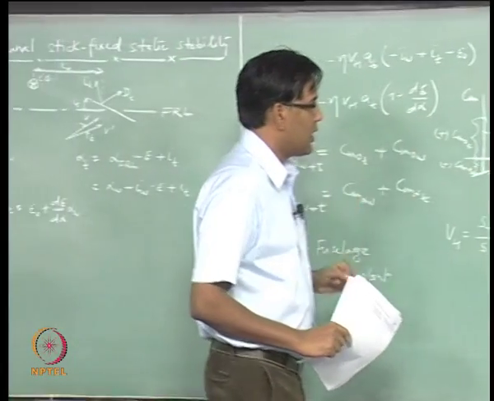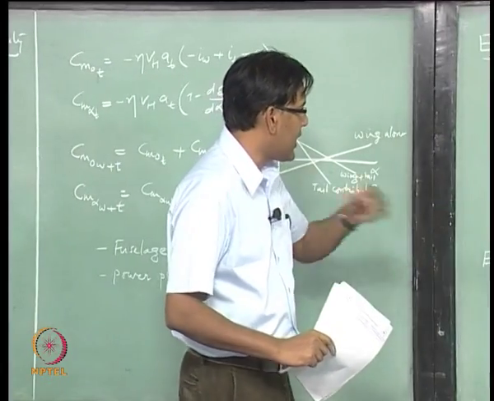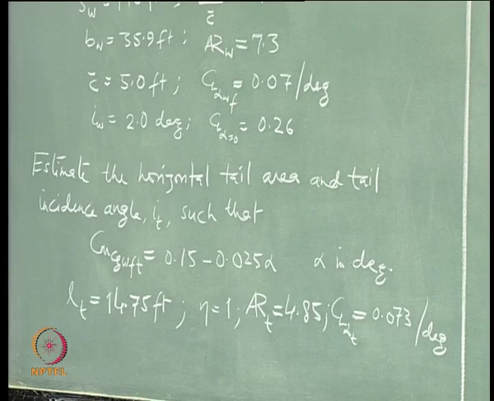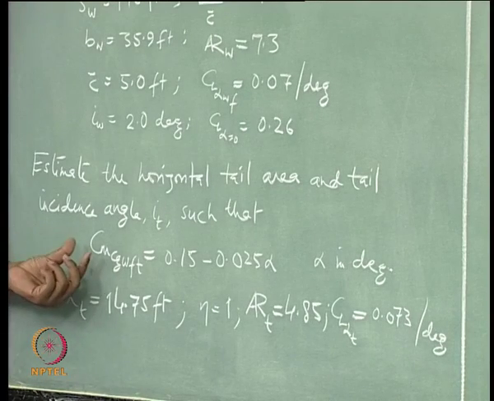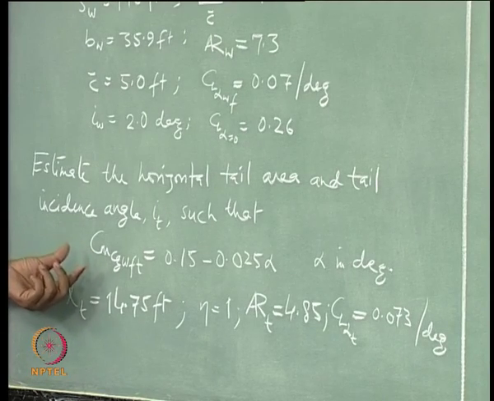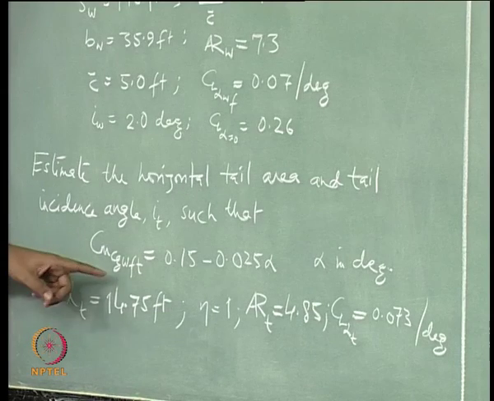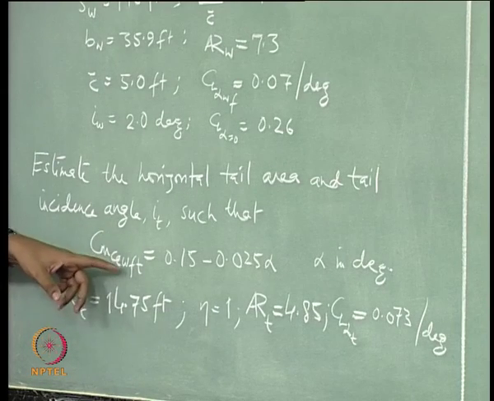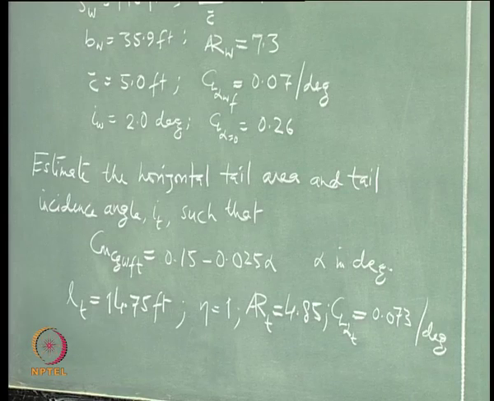We want to estimate the horizontal tail area and tail incidence angle IT, so that the final CMCG, okay, of the wing fuselage tail contribution is this, right. How do you go about it?